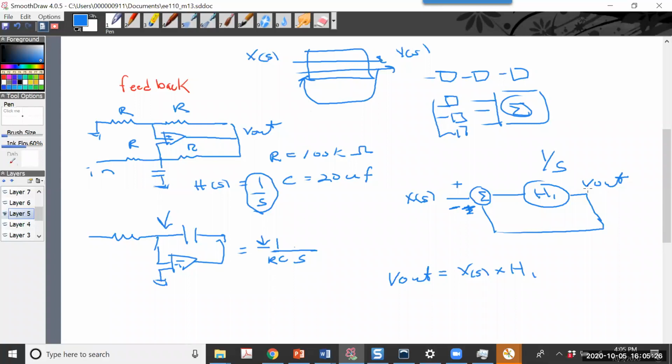Well, V out is also equal to minus V out multiplied by H1, right? What does it equal? It equals itself times -1 times that transfer function. So now let's collect the V outs.